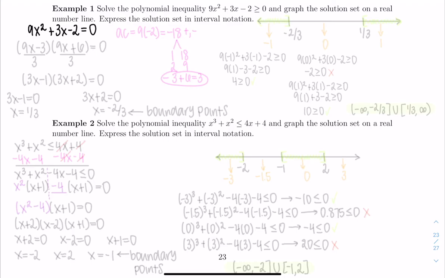We can't factor anything out for a GCF, so let's go straight to the AC method. That's 9 times negative 2, which gives me negative 18. And we'll have to have a plus or minus. Our factors of 18 are 1 and 18, 2 and 9, and 3 and 6. Which combo is going to get you to positive 3? The negative 3 plus 6 will give me the positive 3 that I'm looking for.